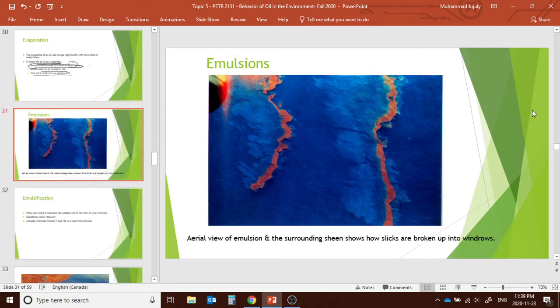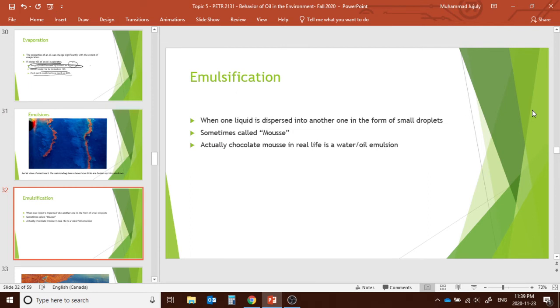Emulsification happens frequently and it's a very bad thing. Why is it bad? Because when a liquid is dispersed in another liquid, it forms small droplets. They don't actually mix.